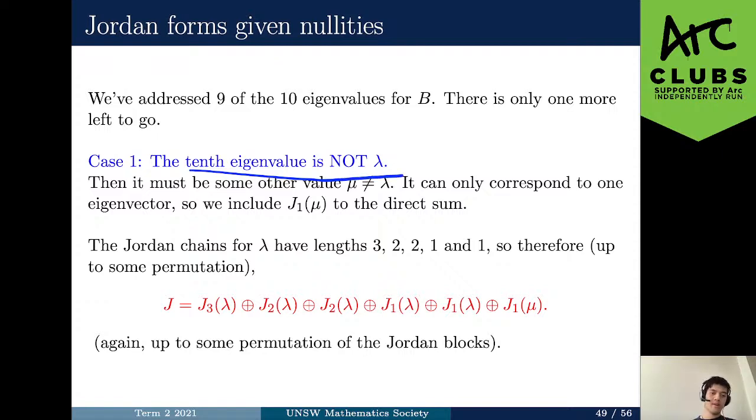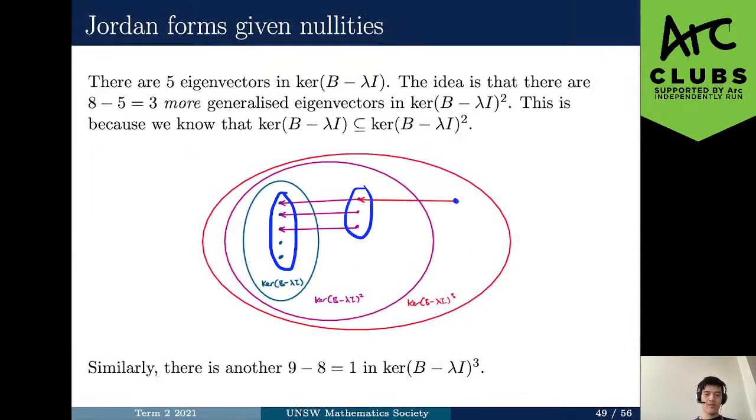If the 10th eigenvalue is not lambda, then that's perfectly fine. That just means it will have a 1 by 1 block by itself with eigenvalue, let's say mu, which is not equal to lambda. And then the Jordan matrix itself will just be this direct sum. Where do we get this? Well, from the diagram above, we have one Jordan chain that has 3 vectors in it, like 1, 2, 3.